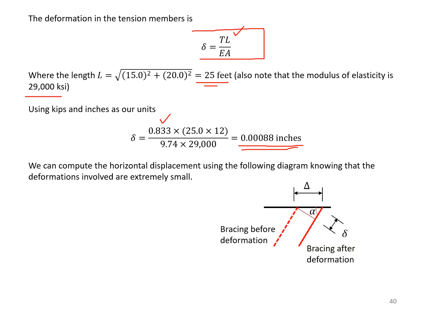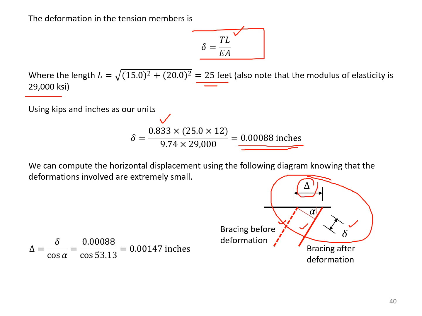So how do we compute that? Well, because these deformations are extremely small, before deformation, after deformation, these lines could be considered as parallel to each other. And therefore, we have a little triangle, as you can see here, that this deformation here is delta, and by knowing that the angle is alpha, we can compute capital delta.